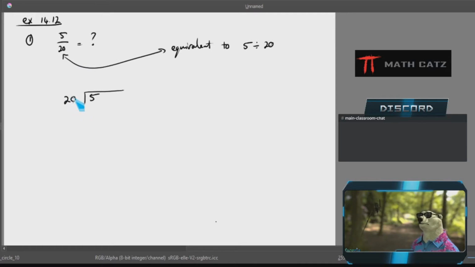So we start by saying 20 goes into 5 0 times. Then I still have something left. I now need to keep going until I don't have a remainder anymore. So I'm going to have my decimal place and then just shift my view, just like we shifted our view from thousands, hundreds, tens, ones, and so on.